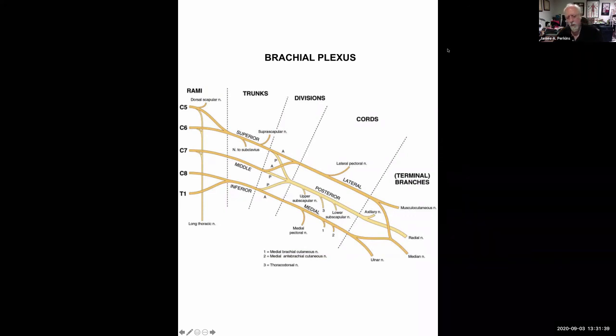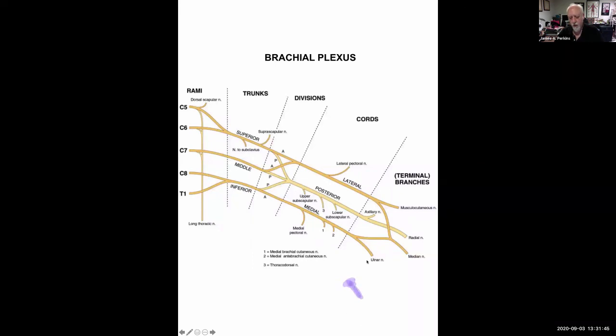So the pin sticking in the pinky finger, I know that's part of the ulnar nerve distribution because everything on the medial aspect of the hand, including the whole pinky, is ulnar nerve. But I also know that that's part of the C8 dermatome, because the C8 dermatome is responsible for skin on the whole medial aspect of the upper limb.